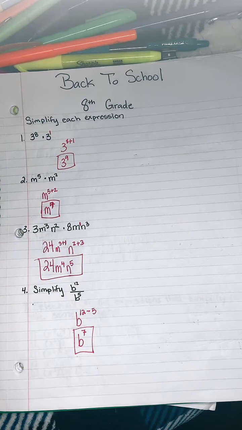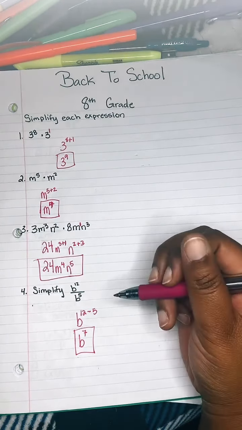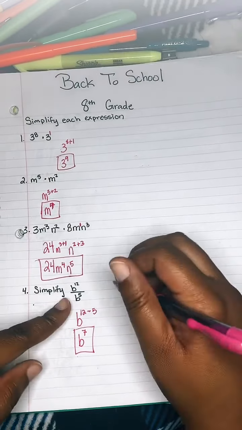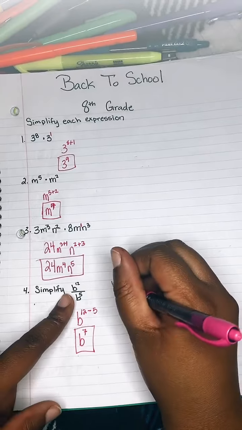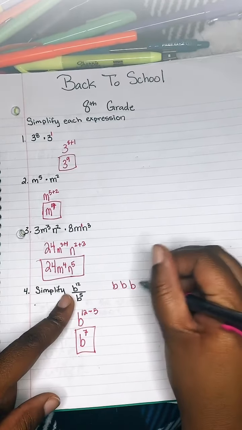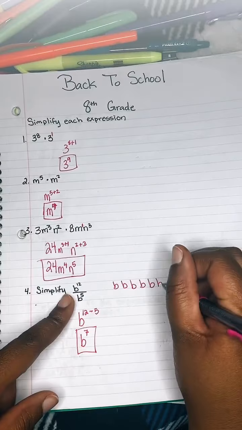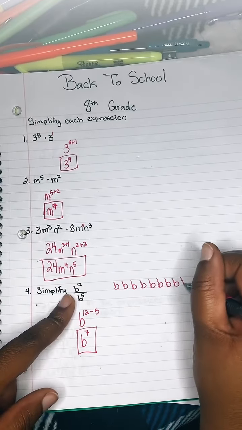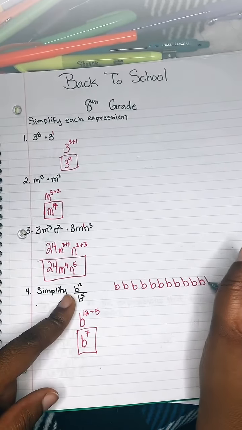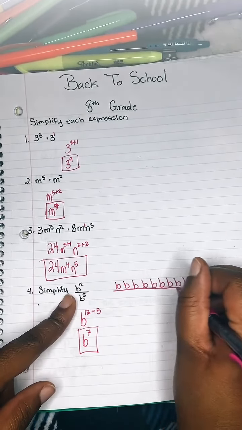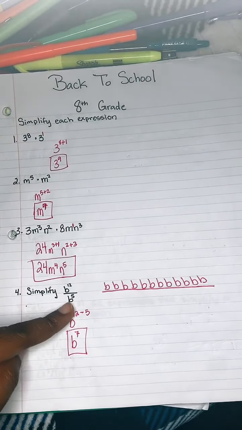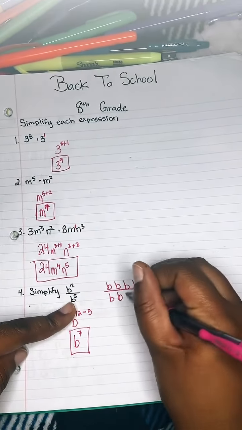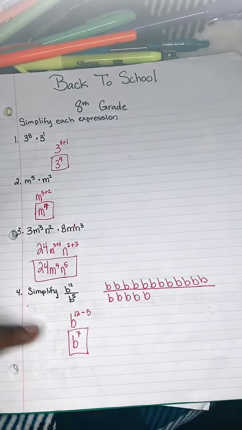Oh, I'm sorry, Big. Okay, let me do it a different way. Big, hold on. So this is saying we have 12 B's. I can draw it out: 1, 2, 3, 4, 5, 6, 7, 8, 9, 10, 11, 12. I have 12 B's here. On bottom, I have 5 B's: 1, 2, 3, 4, 5.